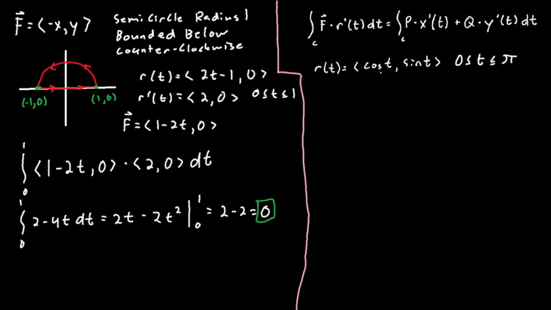Because pi marks when you hit the other side of the x-axis for your circle. Let's see if this makes sense. If you plug in 0 for this, you get the point 1, 0, which is our starting point. That makes sense, going in a counterclockwise orientation. And if you plug in pi, you get negative 1, 0. So that makes sense.